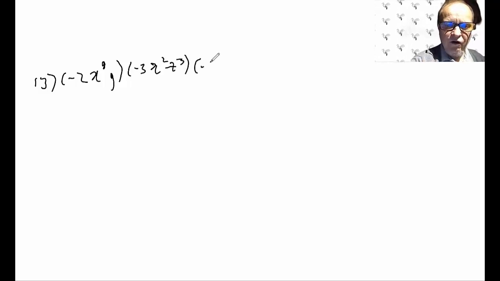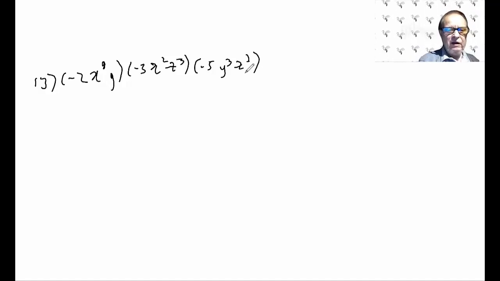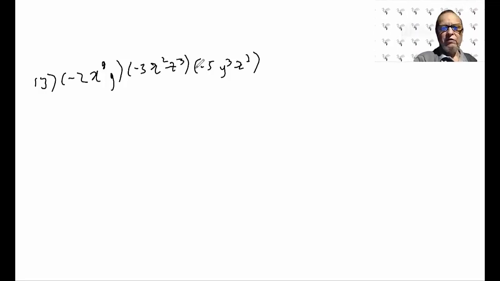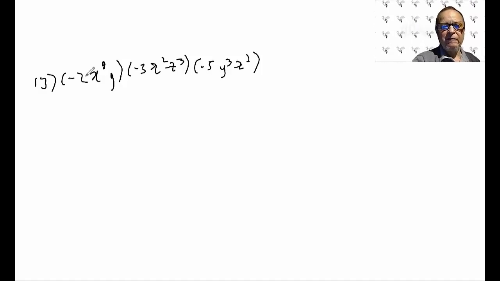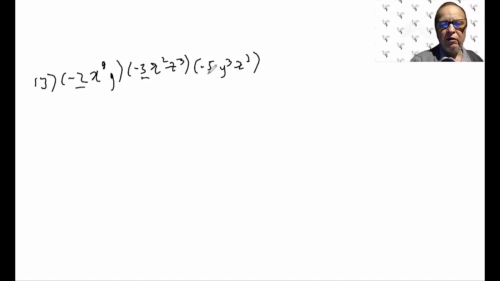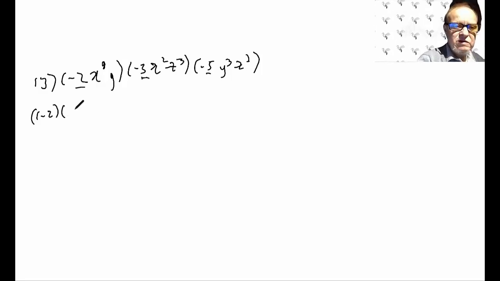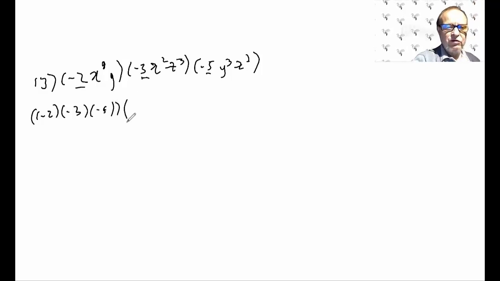We have negative 5y cubed z to the 7th. And what I'm going to do, as usual, even though we have 3 different monomials, I'm going to take all my number terms and put that again in one bracket. Negative 2, negative 3, negative 5.